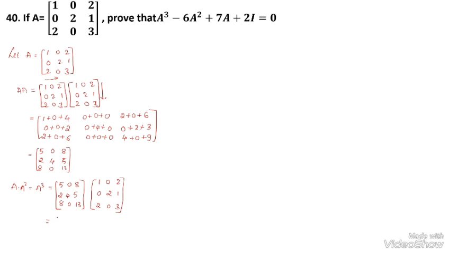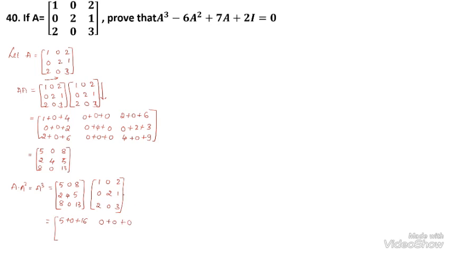Now taking multiplication, 5 ones are 5 plus 0 plus 8 twos are 16. Now 5 zeros are 0, 0, 8 zeros 0.